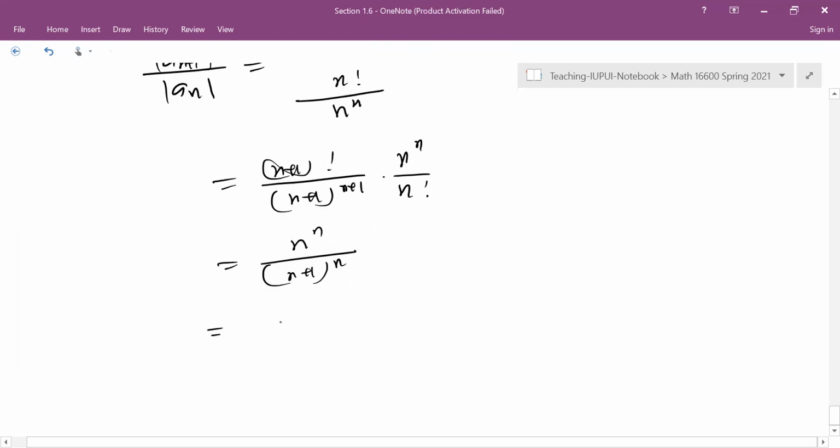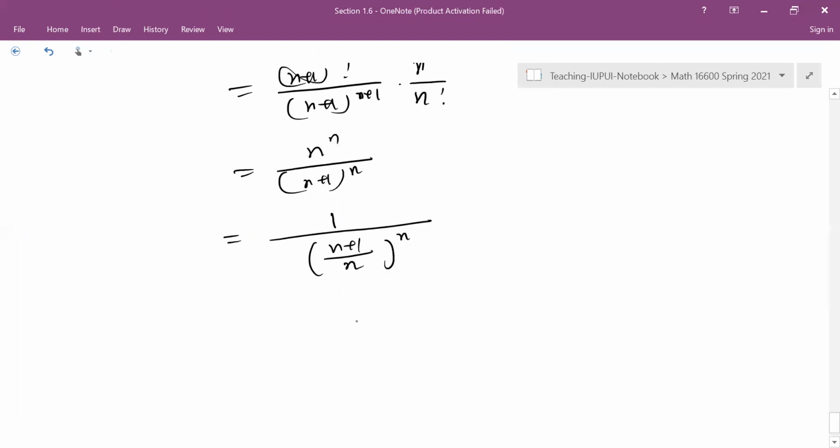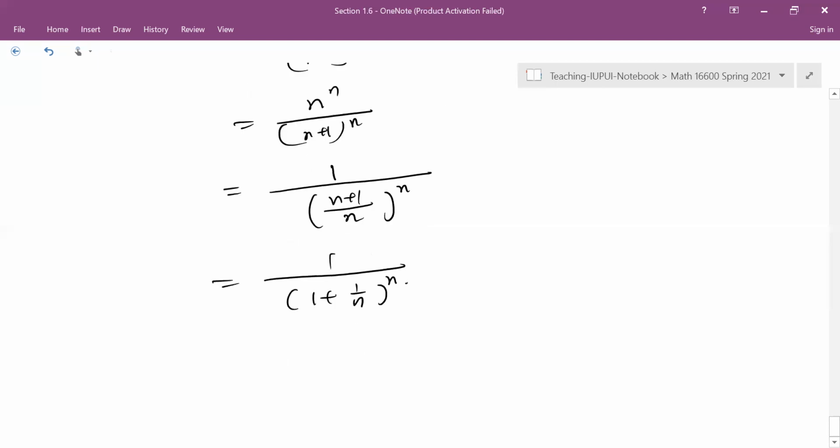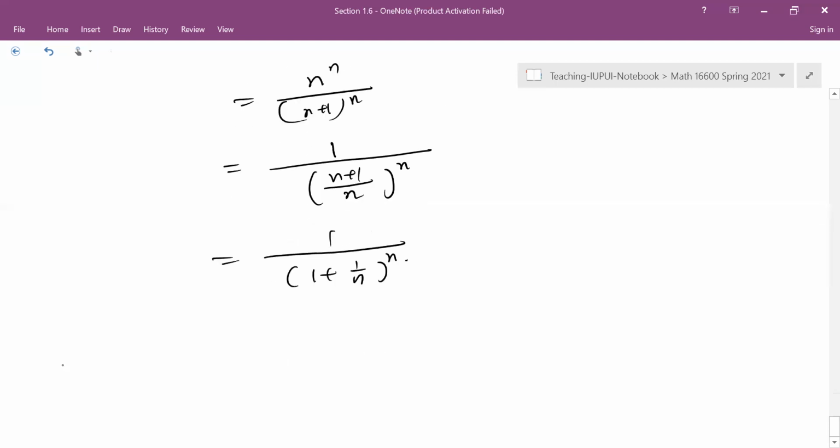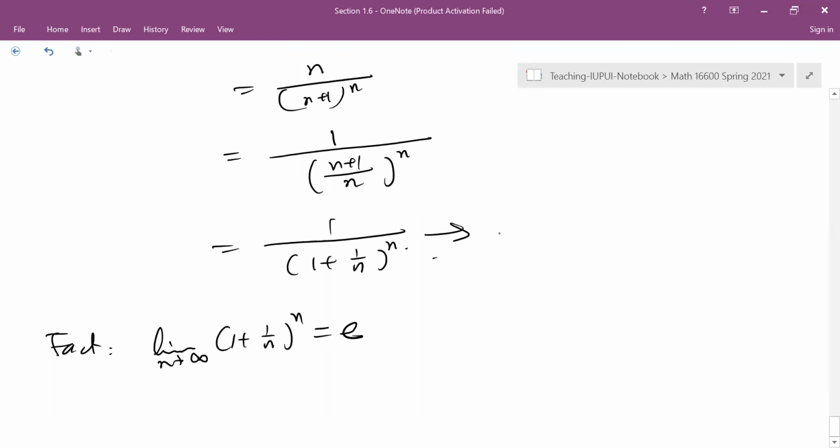So you have to rewrite this in another way. It's going to be n over n plus 1 to the n's power. So we get a very familiar term. We have the important fact: the limit as n approaches infinity of 1 plus 1 over n to the n's power is the number e. So that's why this approaches 1 over e, which is less than 1, as n approaches infinity.